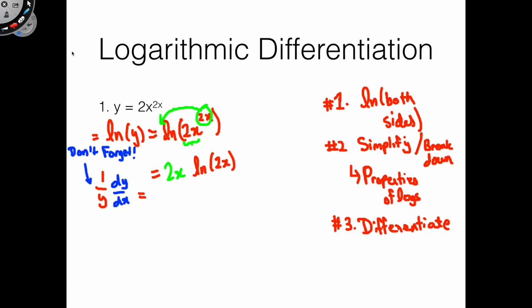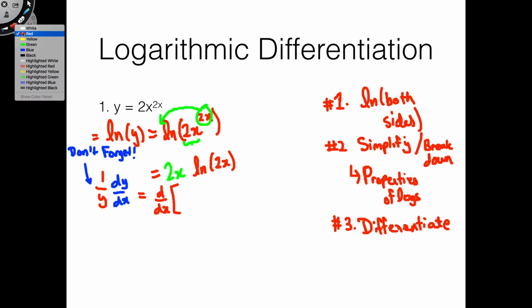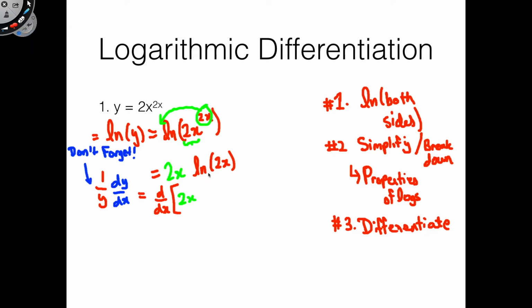And all of this is going to equal, or sorry, that'll be the derivative of all this. So we're going to have a product rule down here. It will be equal to the derivative of that whole thing over there. So you'd have a 2x ln of 2x.